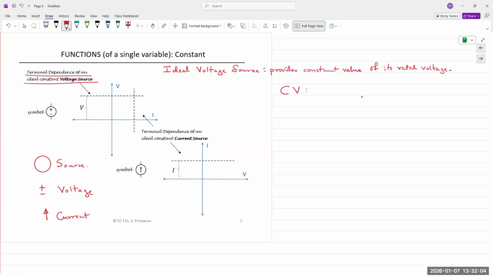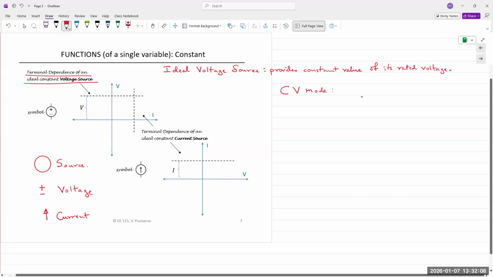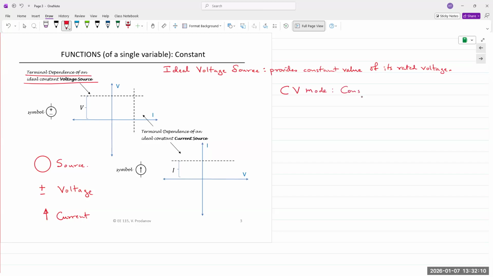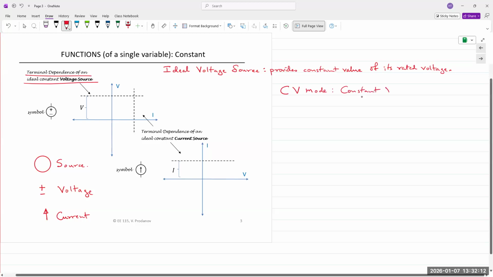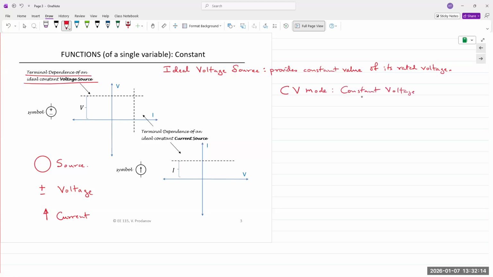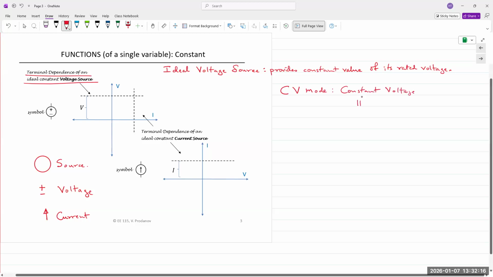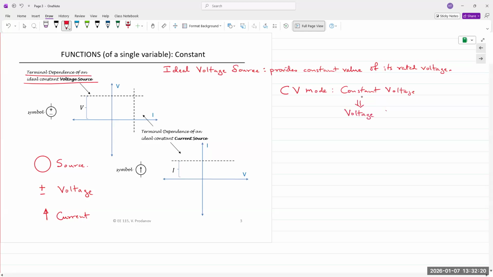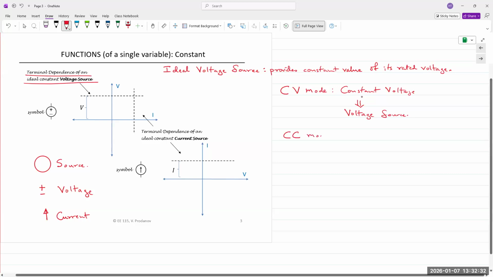So CV mode stands for constant voltage, and we refer to it as a voltage source. And I'll explain how we can tell the difference. There's another mode known as CC mode.